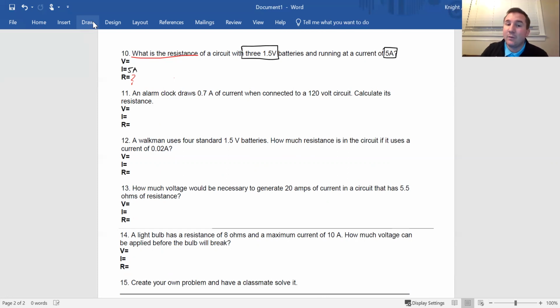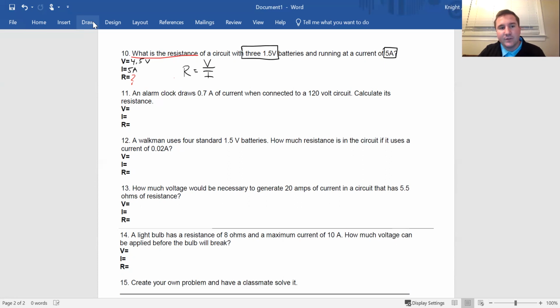Now, if we have 3 1.5 volt batteries, we actually get 3 times the voltage because we have 3 of the batteries. So 1.5 times 3 is actually 4.5. So that's a little trick right there. Because we're using 3 1.5 volt batteries, we actually end up with a voltage of 4.5. And then we're using our equation that solves for resistance. You guys can flip this over and check. I'm going to bet that I remember the resistance equation is resistance equals voltage divided by current.